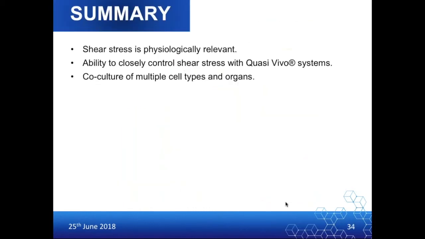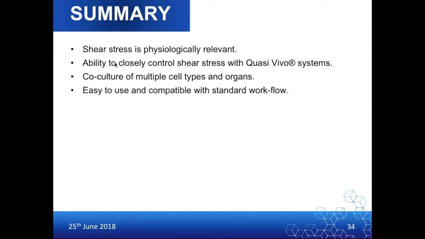So to summarize Bhumika's and my talk, we have to say that shear stress is physiologically relevant because in our tissues we also have the shear stress, and we have the ability to closely control this stress with the Quasi Vivo systems, and we can also co-culture multiple cell types and organs.